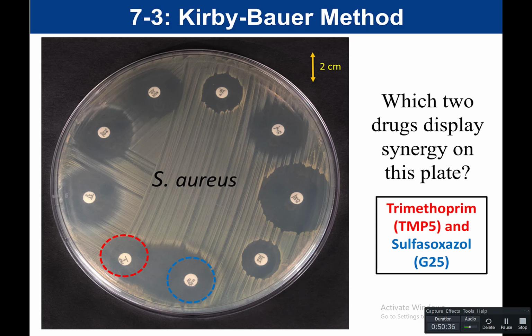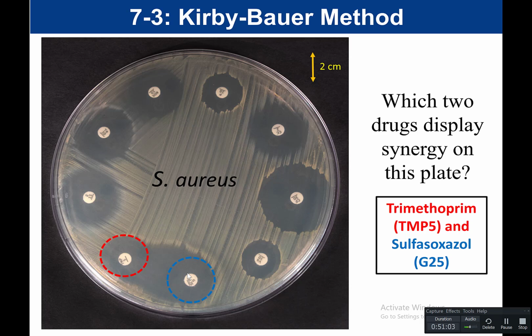And so the drugs that are on this plate would be this trimethoprim, which is labeled TMP5, and sulfoxazole, which is labeled G25. These two drugs, when combined, are more effective than either drug alone. And in fact, when these are combined, they make up something called Bactrim, and Bactrim is used for urinary tract infections a lot.